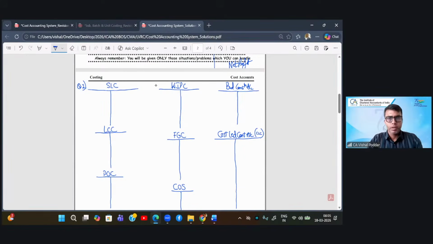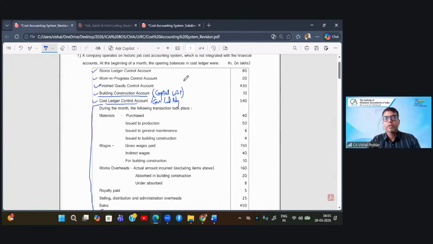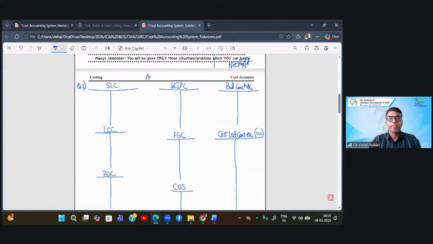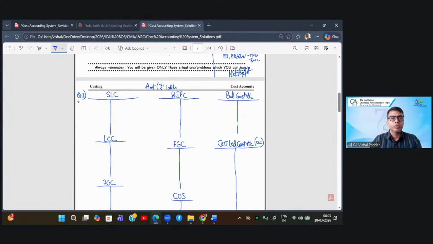Okay. Now we start with the balances. What are the balances given? The amounts are in rupees in lakhs, so we will continue that. So you have balances here, here, here, here.